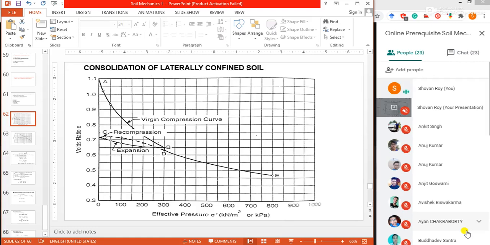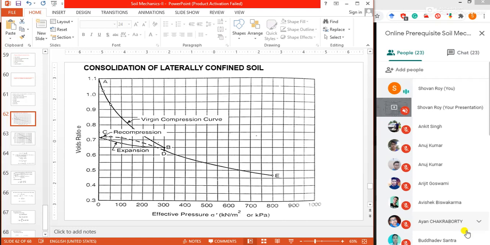In case of consolidation we may use the remolded sample as well as undisturbed sample. But remolded sample is always from the disturbed sample.